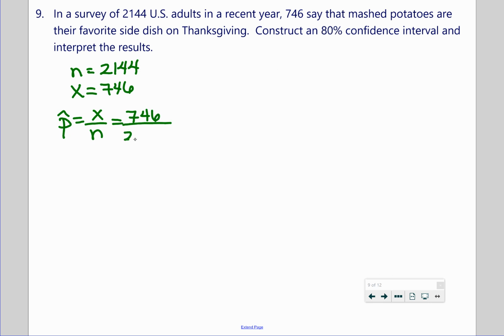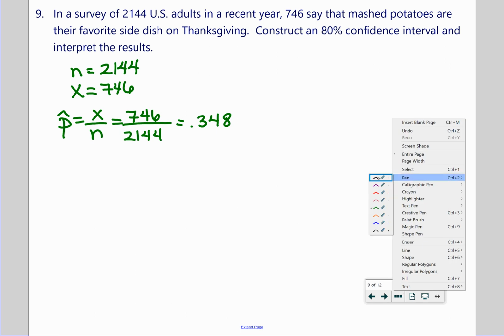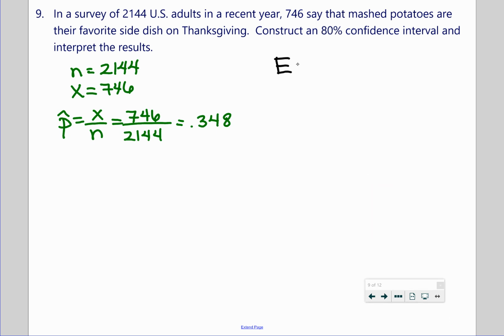746 divided by 2,144 is 0.348. Remember, give that a few decimal places. It makes a big difference in your answers. Okay, margin of error formula to estimate the population proportion for these is a critical value of z times the square root of p hat, q hat, all over n.